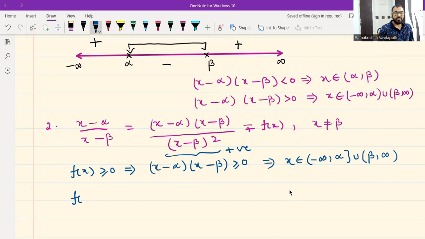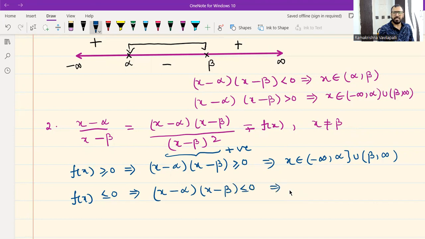If we ask f of x less than or equal to 0, this implies, since anyway the denominator is positive, we want f of x less than or equal to 0. So when the denominator is positive, the numerator must be less than or equal to 0.